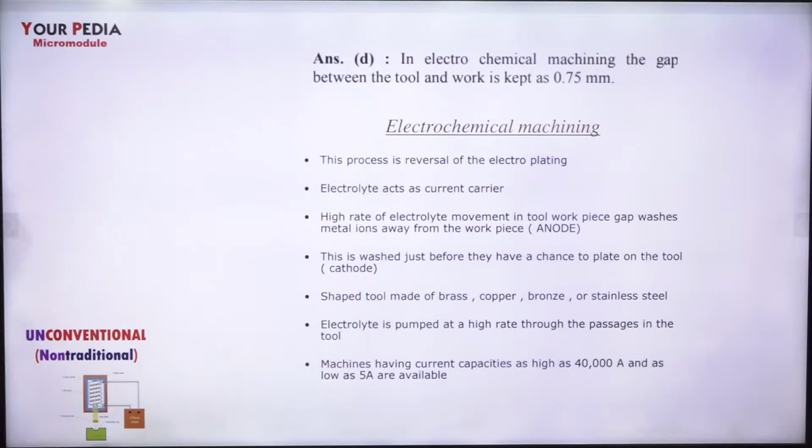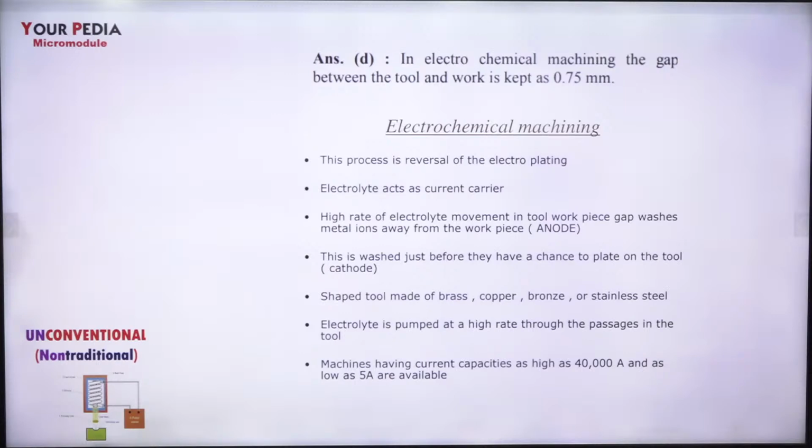It is the reversal of electroplating. Electrolyte is used as current carrier. The gap washes the metallic ions away from the workpiece. High pressure electrolyte is pumped. Tool is used as cathode, made up of brass, copper, bronze, or stainless steel.